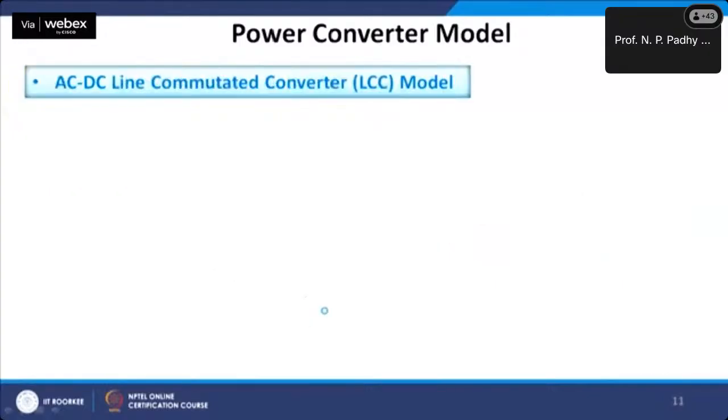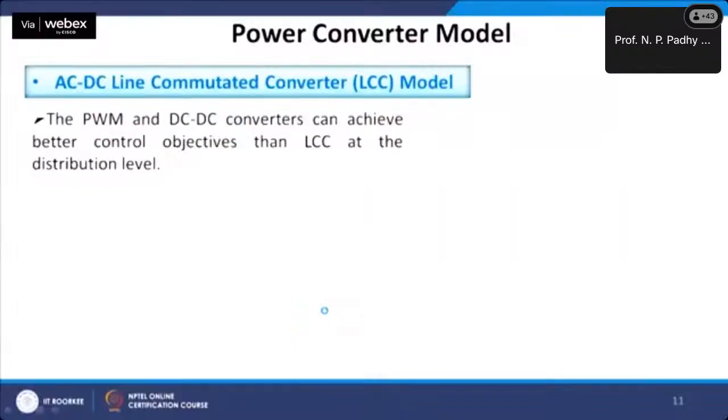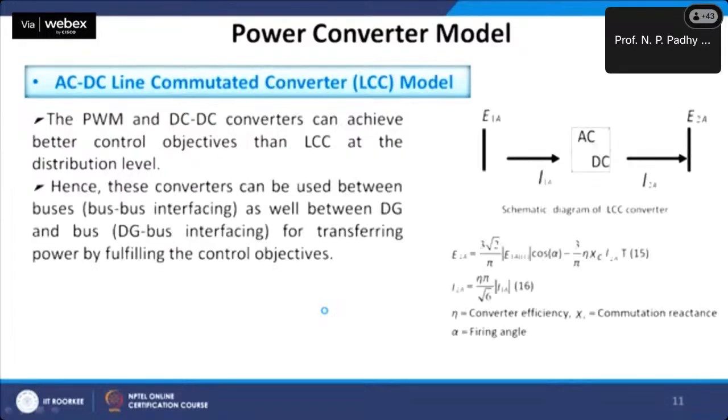Now, there is one more important converter known as the AC-DC line commutated converter, that is the LCC model. The PWM and DC-DC converters can achieve better control objectives than LCC at the distribution level. Hence, these converters can be used between the buses as well as between DG and bus for transferring power by fulfilling the control objectives.